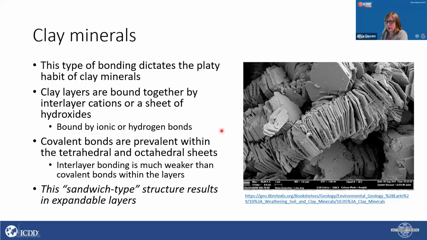That sort of helps create this sandwich type structure, and that can also result in expandable layers. So if you think of tetrahedral and octahedral sheets like 2 slices of bread, your interlayer cations are your preferred sandwich filling, and depending on how much you like to put on your sandwich, it can be thicker or thinner. So that explains really well the expandable interlayer spacing in clays.